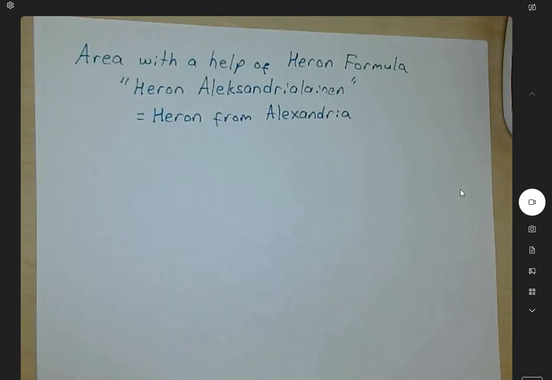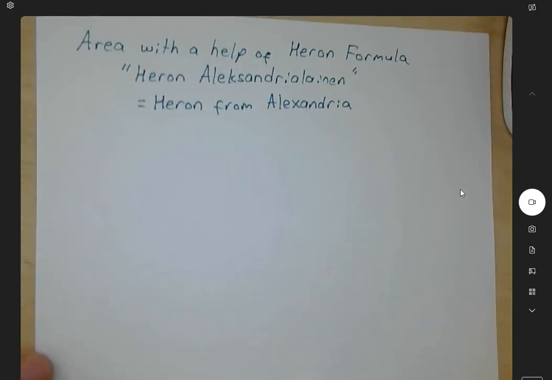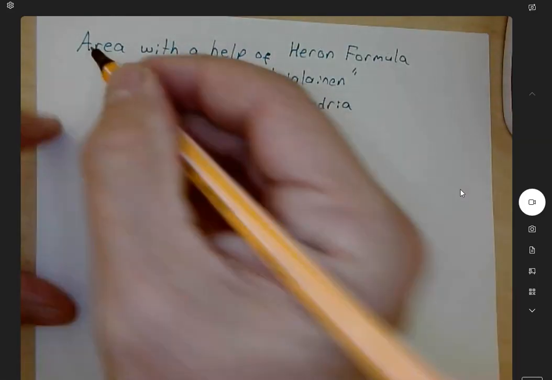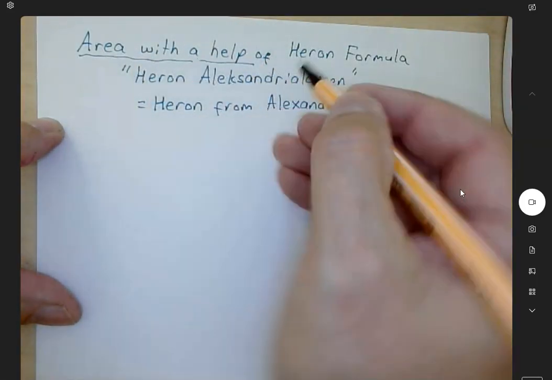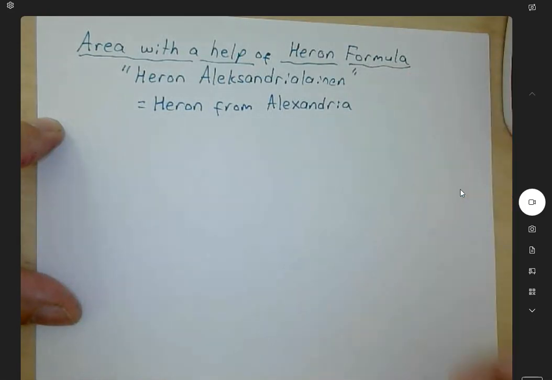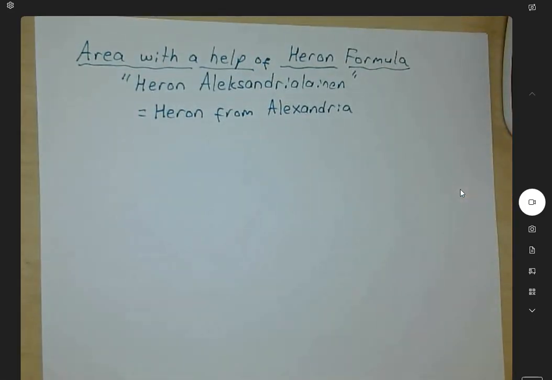This Alexandria was a famous city of science thousands of years ago in Egypt. And this is probably the most unknown formula concerning triangles.